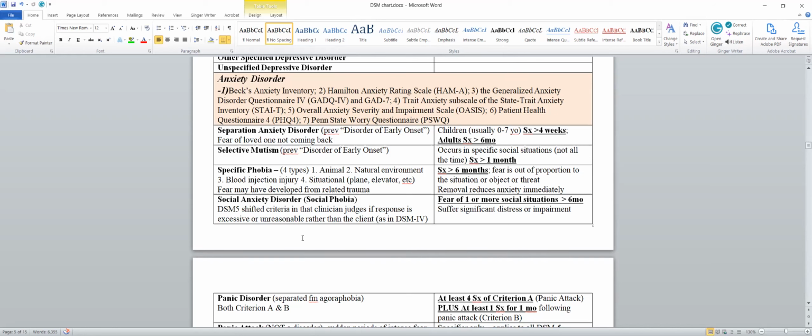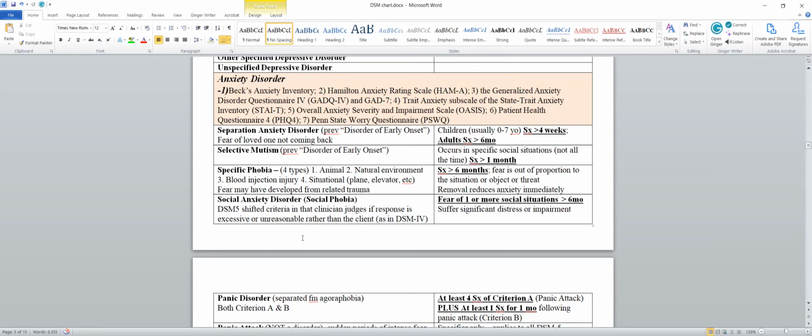Some of the instruments include Beck's Anxiety Inventory, Hamilton Anxiety Rating Scale, the Generalized Anxiety Disorder Questionnaire, GAD-4 and GAD-7, Trait Anxiety Subscale of the State Trait Anxiety Inventory, Overall Anxiety Severity and Impairment Scale, Patient Health Questionnaire, PHQ-4, and Penn State Worry Questionnaire.